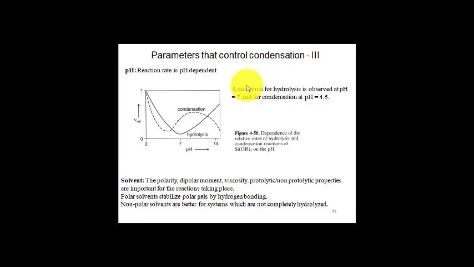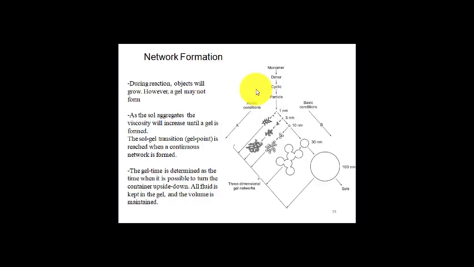Next one is the network formation. As we have already mentioned in the definition of the Sol-Gel process, it is a method in which a network is formed by the condensation. So during the reaction, objects will grow, however, a gel may not form. As the sol aggregates, the viscosity will increase until a gel is formed.